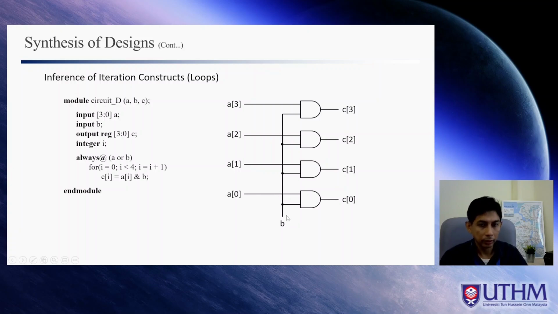So just imagine if you create your circuit using a schematic drawing, and you have this structure repeated, for example, 100 times, how to do? You need to draw 100 times, right? But in Verilog, you just change this value, and also this value, and you can have your circuit already.